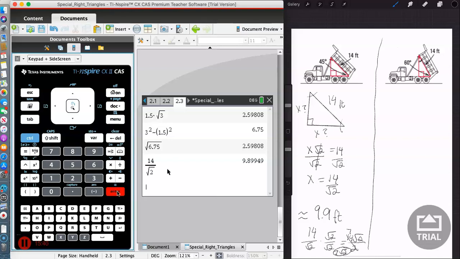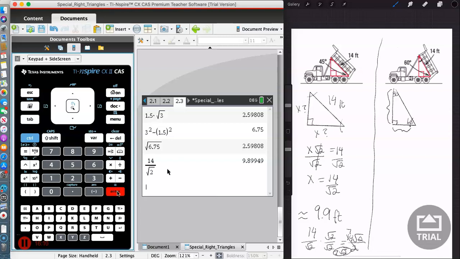On the right side, same setup, but now we have a triangle. Let's go ahead and adjust this just a little bit so it looks a little better. Perfect. We know that this is a 60 degree because it's given to us. We know that this is 30. So we know that this is our shortest side, and we know this is our longest side.